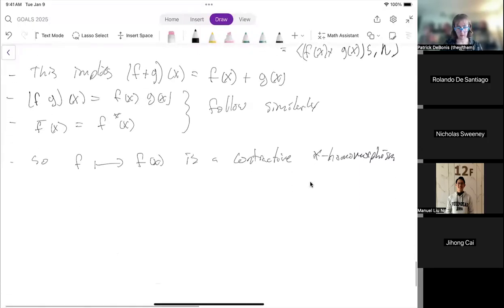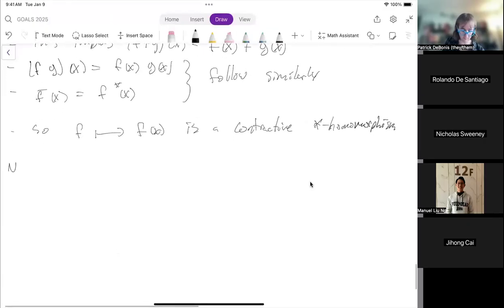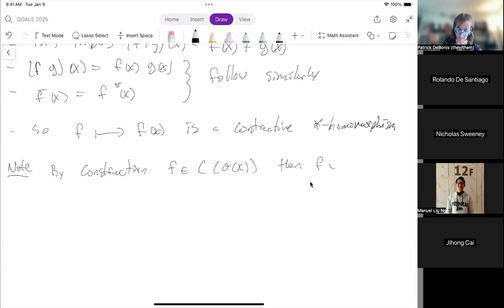At this point, it's worth noting that by construction, for a continuous function on the spectrum, the operator agrees with what we did yesterday for the continuous functional calculus.